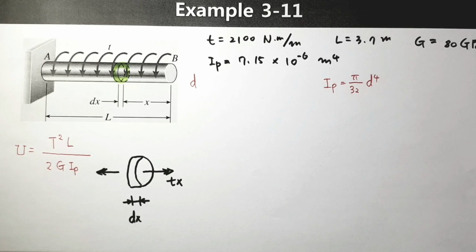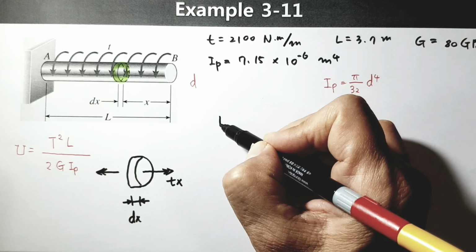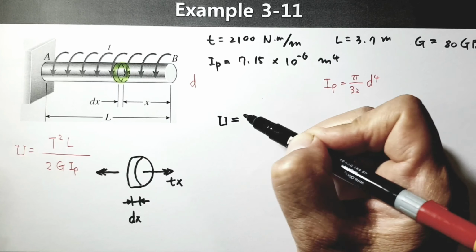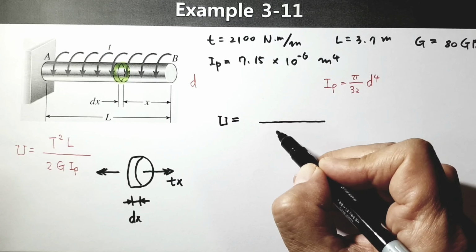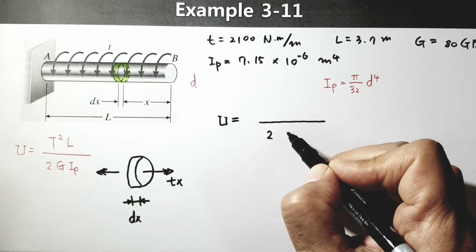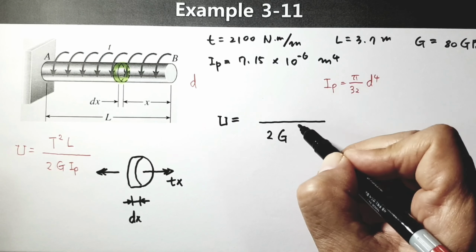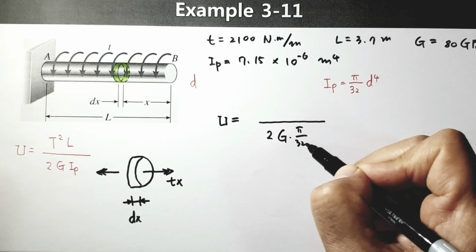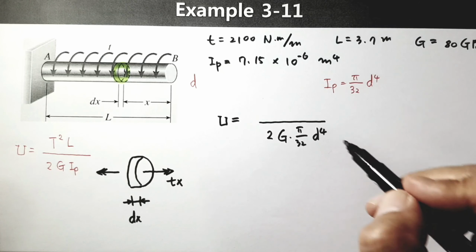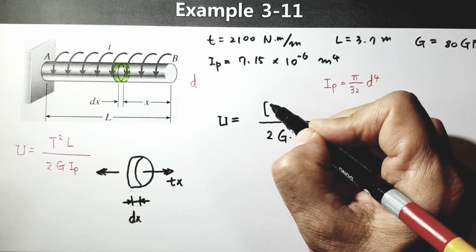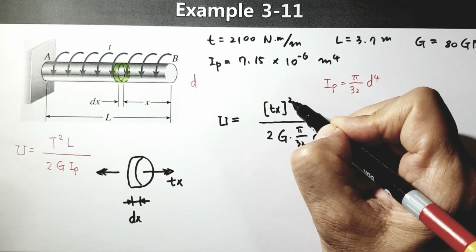Now we would like to calculate this value. Strain energy U equals, when you apply this, 2G, IP equals pi over 32 d to the power 4, and the T value is Tx, squared.